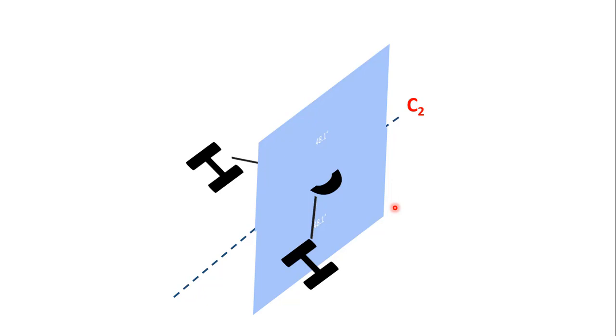In order to identify the type of plane of symmetry, see just the plane and the principal axis. The principal axis is C2 and look at the plane. The plane contains the principal axis and so it is a vertical plane of symmetry.